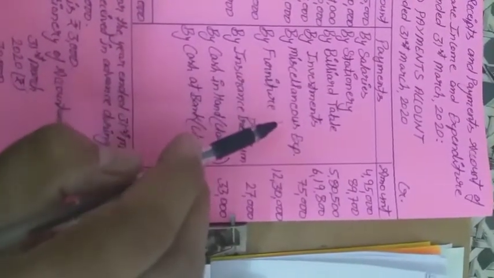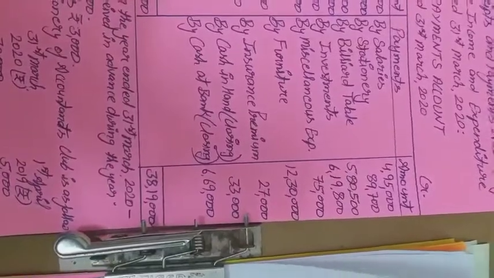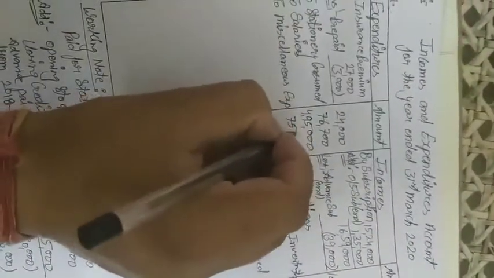Next one is miscellaneous expenses. To miscellaneous expenses, amount is 75,000.